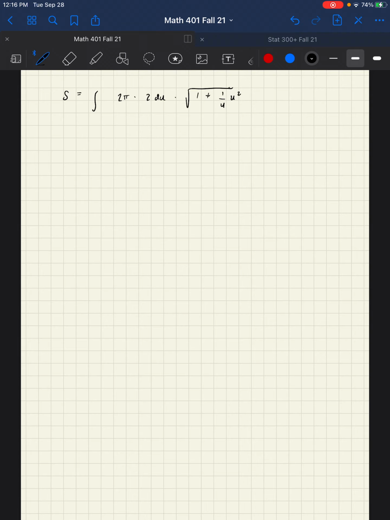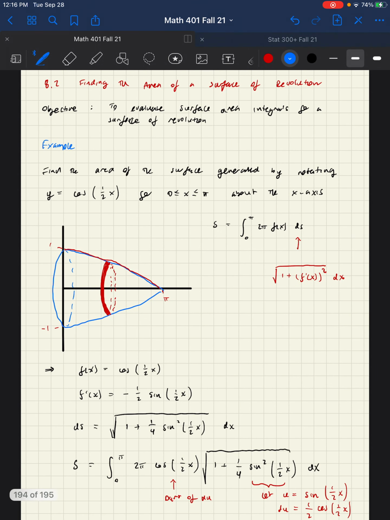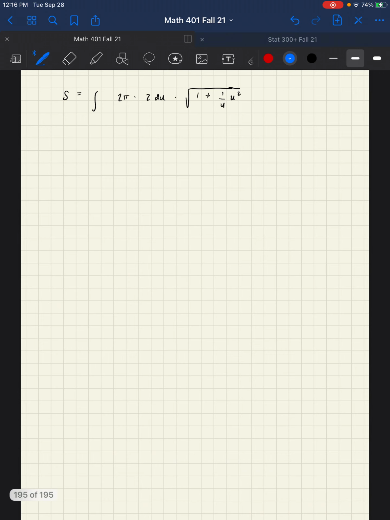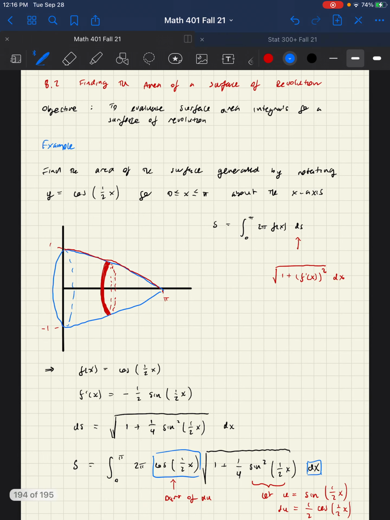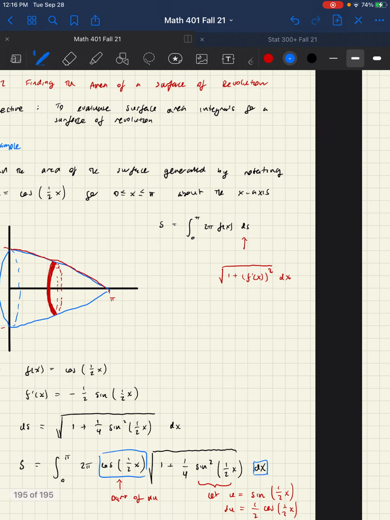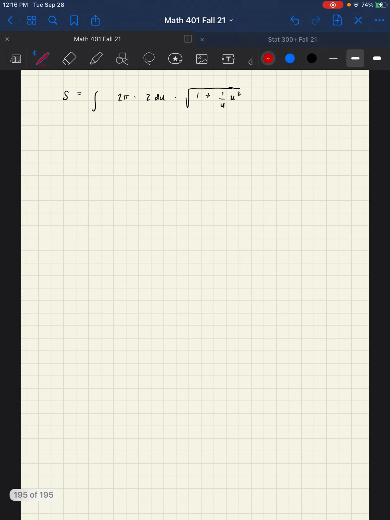There's a missing 1/2 term, so really it's 2 du times the square root of 1 plus 1/4 u squared. I lumped in the dx from this side, so the du really was this plus a missing factor of 1/2. So that's what we accounted for there.